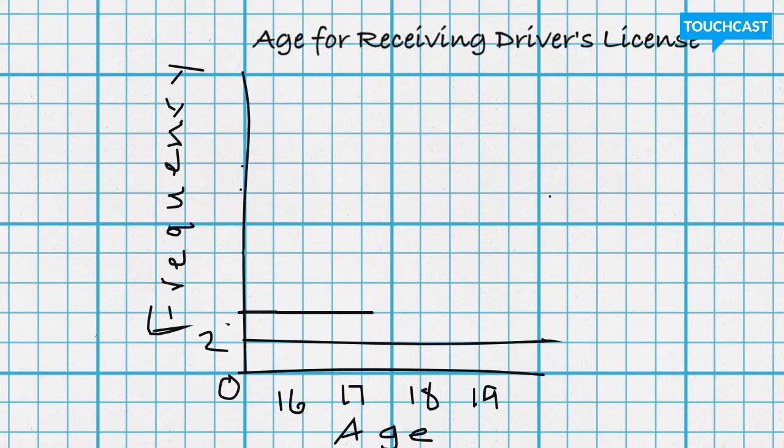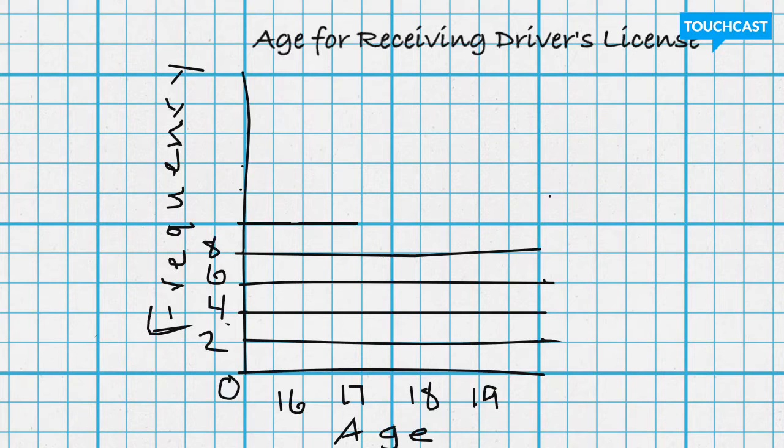And we'll go up another line and call that 4. We'll keep going with that pattern: 8, 10, and we can actually stop at 12 because none of the frequencies in our table go above 12.